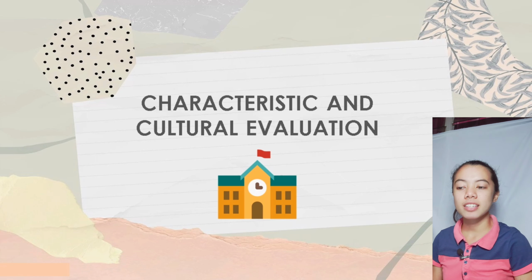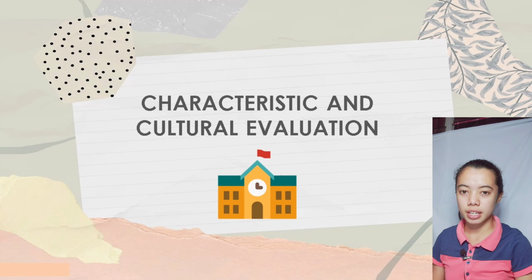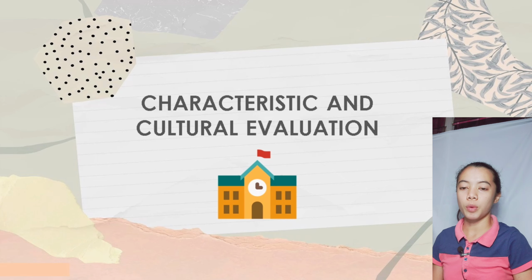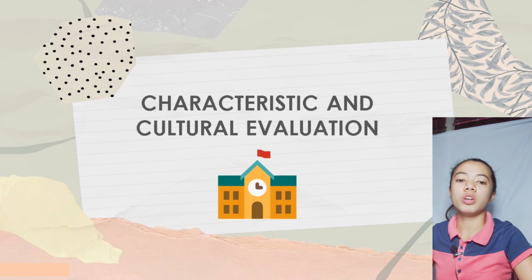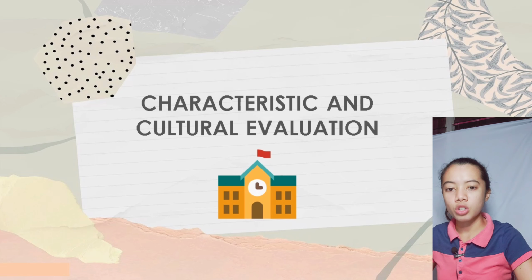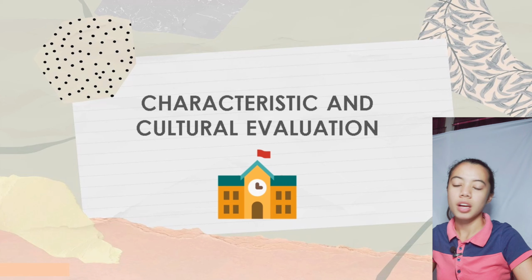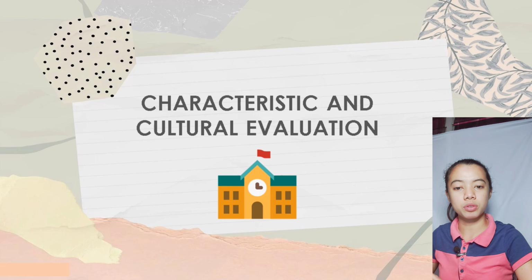So for our last one, we have the characteristic and cultural evaluation. So in here, we could also include the shared values and the respect towards cultural diversity and the school rules. So for a school to continue on living with their standards, positive attitude should be maintained by all the people that encompasses it, or the staff, the employees, or the students.